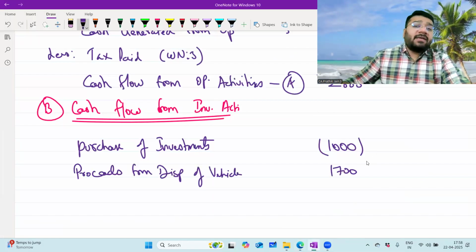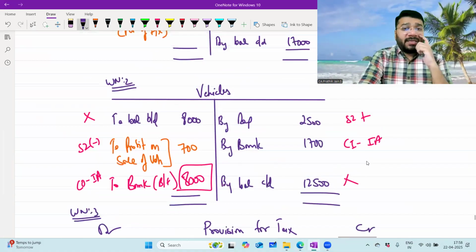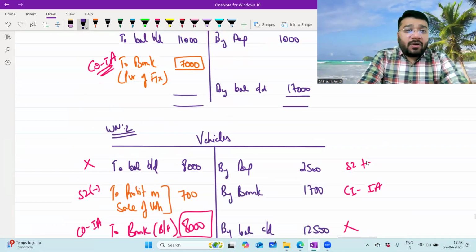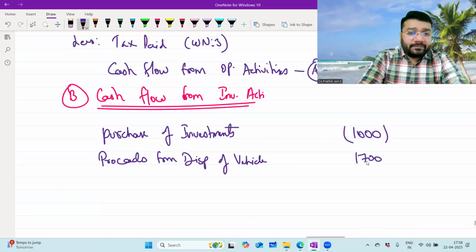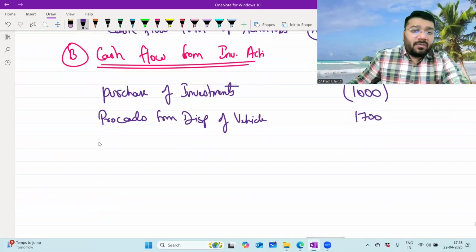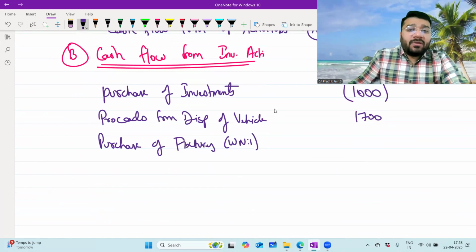Now we have to come back and see the working note. In the working note, do we have anything? Yes, we have purchase of vehicles and purchase of fixtures: 7,000 and 8,000. Purchase of fixtures first, give reference to working note number 1. 7,000 cash outflow, bracket.